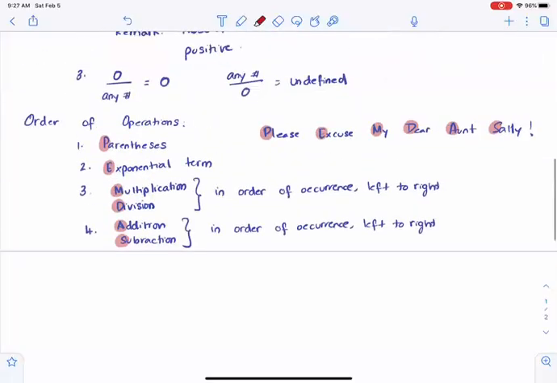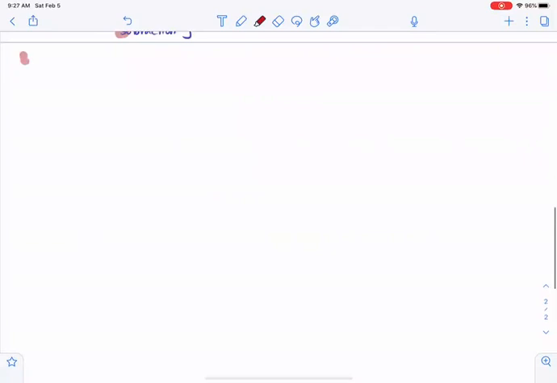So let's say we want to do a simple one, 3 minus 7 minus 1. So here you have 3 followed by -7 and -1 multiplied.